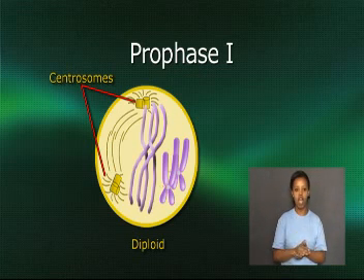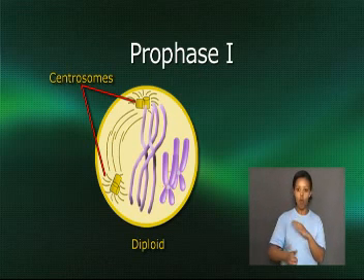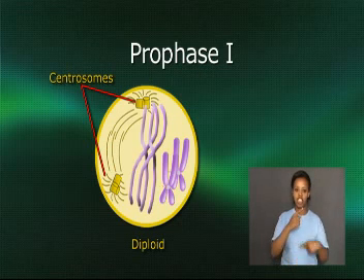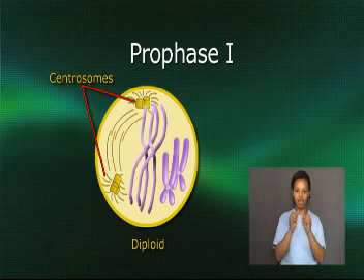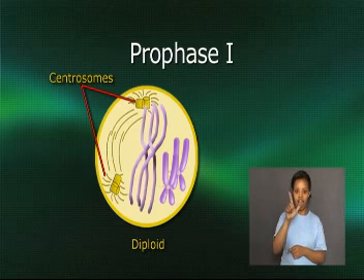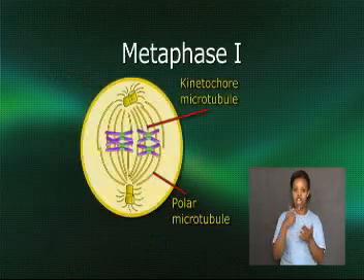The newly formed combinations of DNA that are created are a major source of genetic variation and can even result in beneficial new combinations of alleles. The paired and replicated chromosomes are called bivalents or tetrads, which have 4 chromatids.